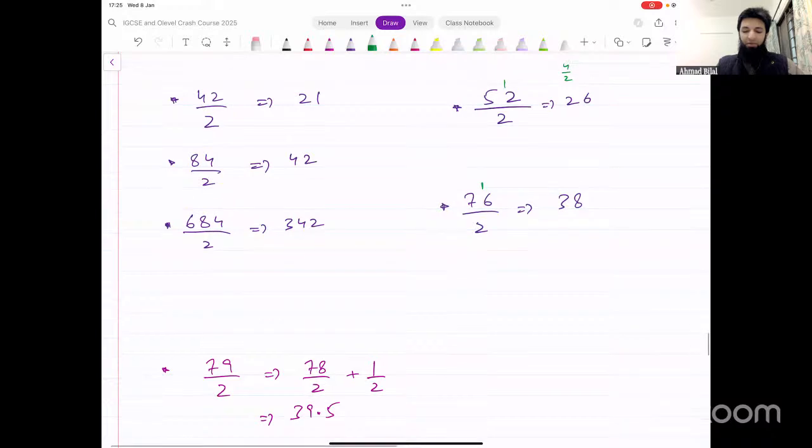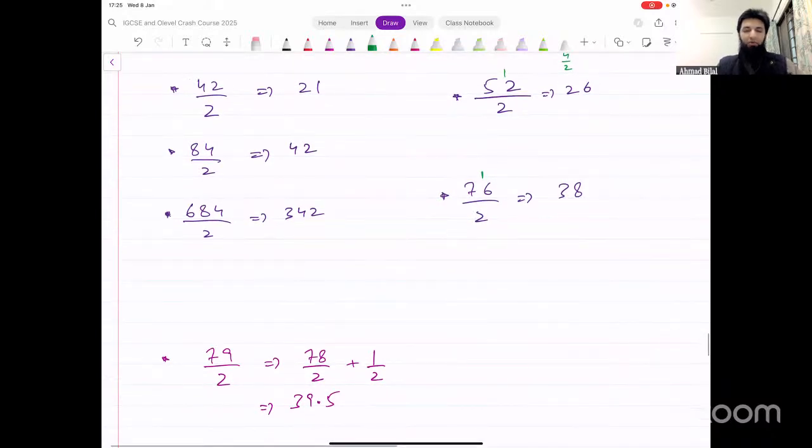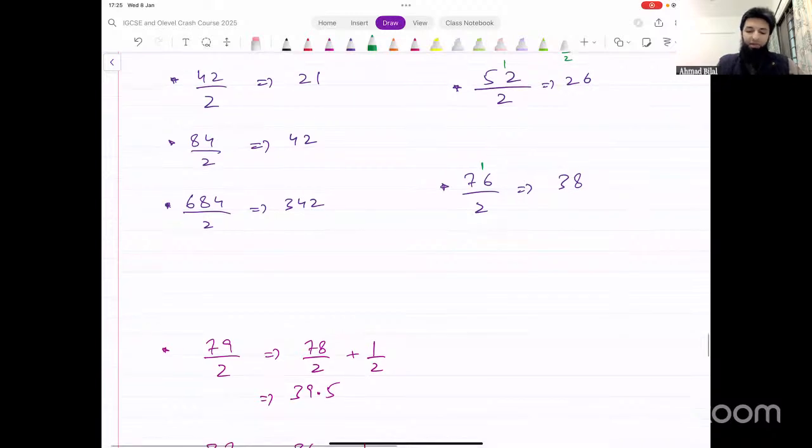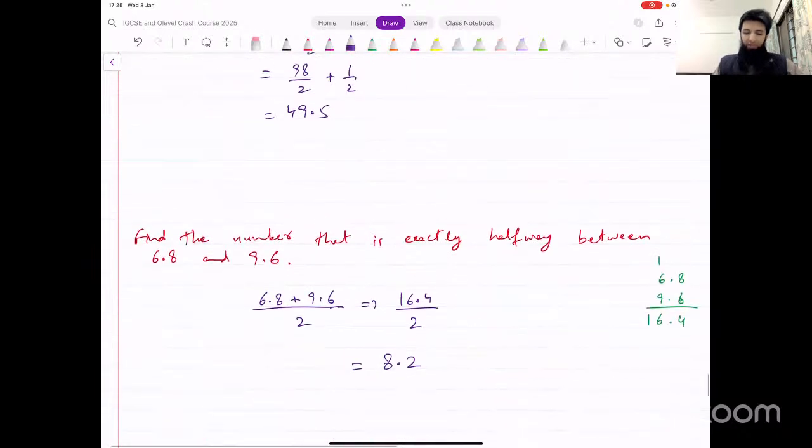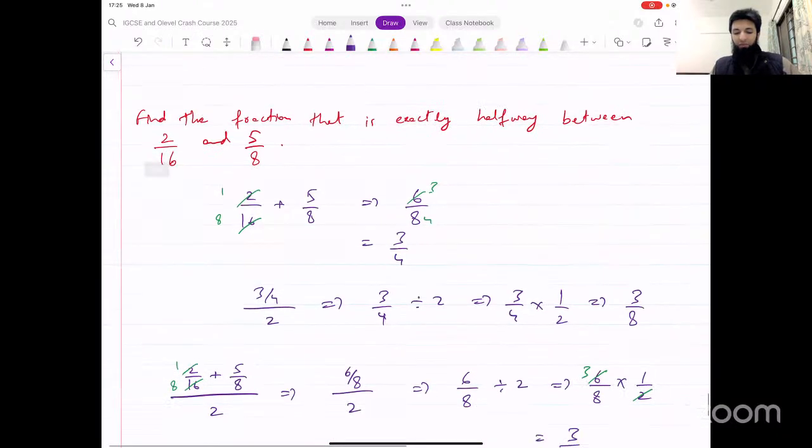You should be able to do it very quickly in your head, how to divide any number by 2. It'll either be an integer, if it's an even number, or you'll have a 0.5 with that. We discussed how to do it by separating out, putting 0.5 at the end with that number that you're getting. Okay, and then how to find a number that's halfway between two numbers.